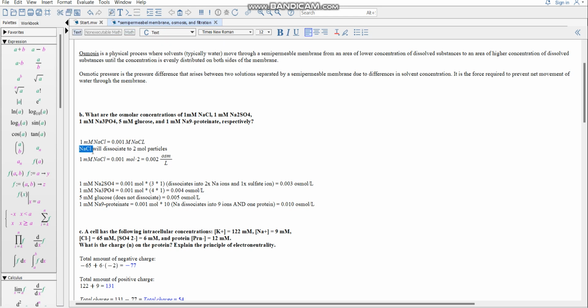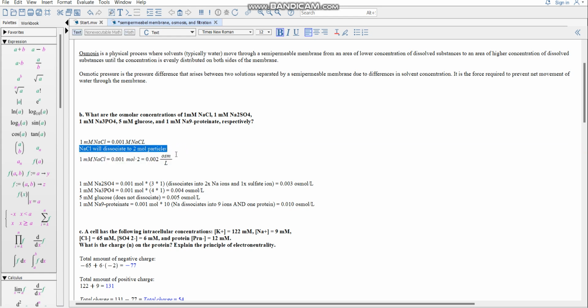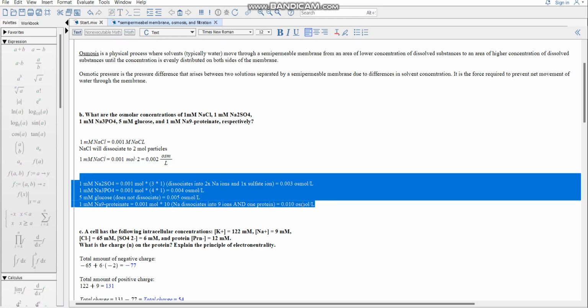We also know sodium chloride will dissociate to 2 mole particles. So this gives us an osmolar concentration of 0.02 osmoles per liter. And similarly, we can do it for all the other things right here. Okay?